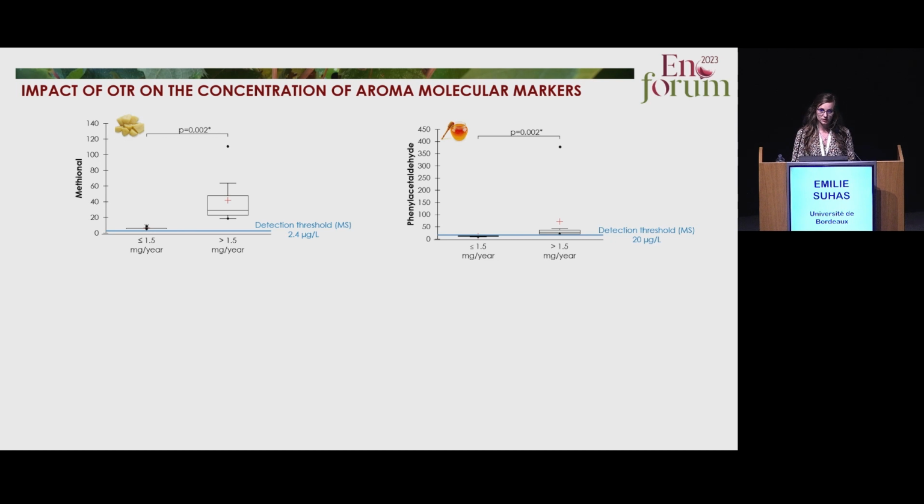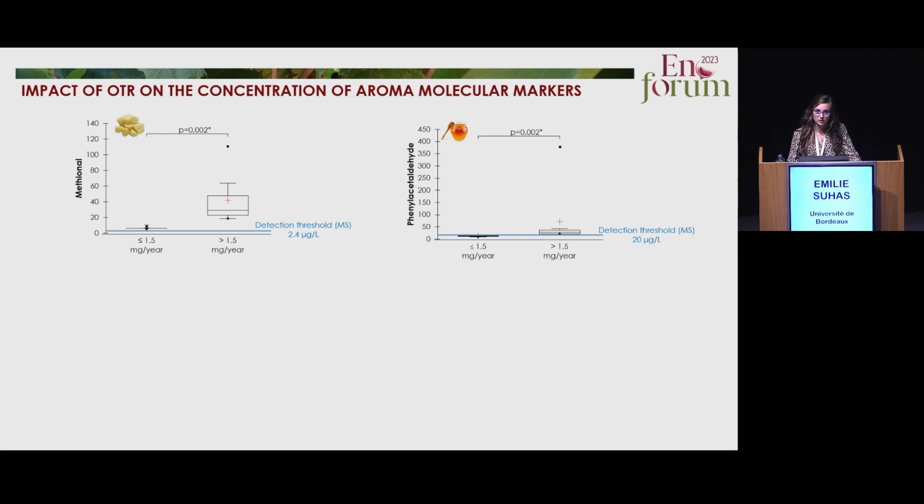We then went on to carry out a statistical analysis. We compared our groups to a group with an OTR of less than 1.5 milligrams per year and one with more than 1.5 milligrams per year of OTR for the various markers.